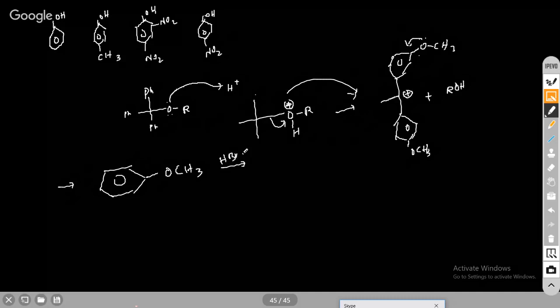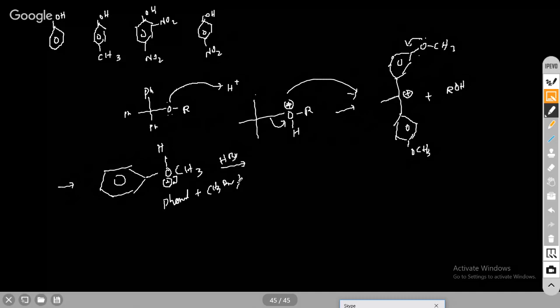Why so? So actually what happens, first of all, this H plus will come over here, right? And we'll have positive charge on this. Now to stabilize the positive charge on this oxygen, either this bond or this bond will break, right? So when this breaks, this is a phenyl cation, which is highly unstable. Fine. So this bond will break and we'll get phenol plus CH3Br. This is the answer.